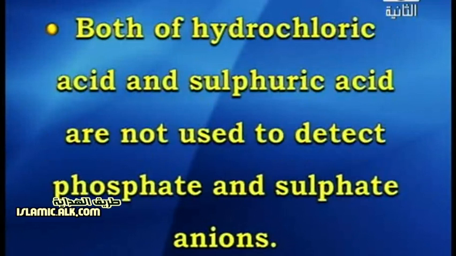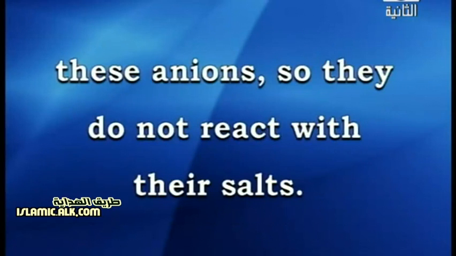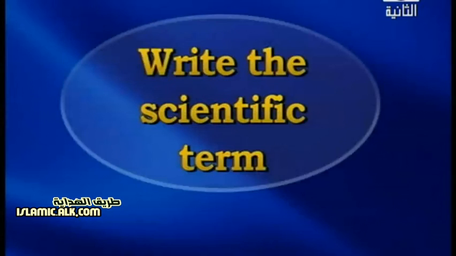Another point, both hydrochloric acid and sulphuric acid are not used to detect phosphate and sulfate anions because both are less stable than the acids of these anions, so they don't react with their salts.